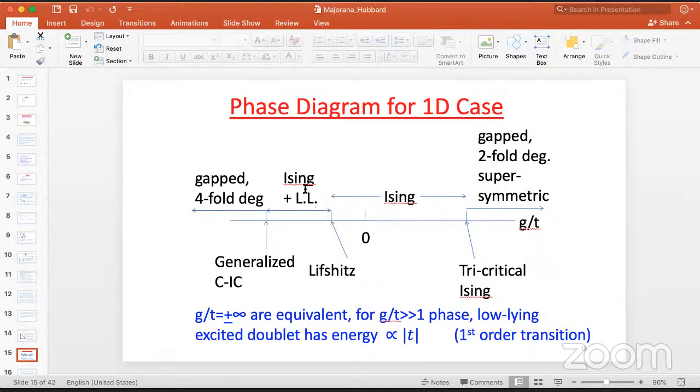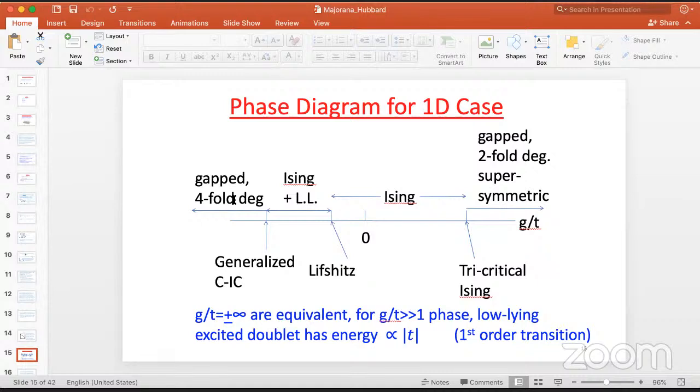There's a phase here which is Ising plus Luttinger liquid, which I'll explain in a minute. And this transition is actually a Lifshitz transition. So it's not a field theory transition. It actually involves a cubic dispersion relation. And then there's a generalized commensurate-incommensurate transition that occurs here. So this is about minus 0.3, and this is about minus 3.